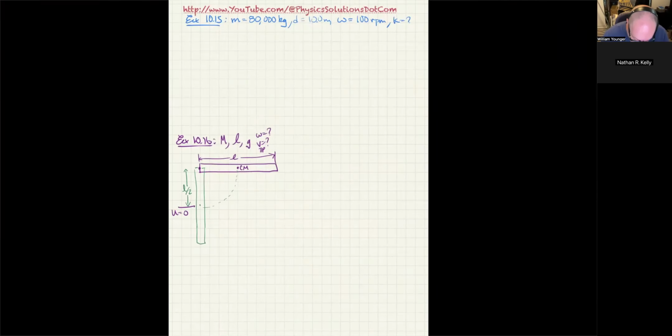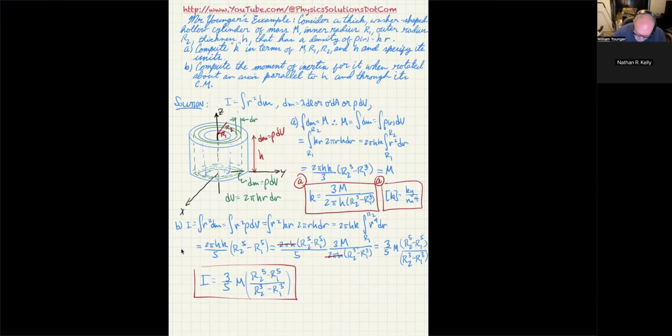All right. Now, what we can do is we're going to work on another problem. This is example 10.15. By the way, your book does example 10.13, and that's very much like this example, except example 10.13 doesn't have this variable density.